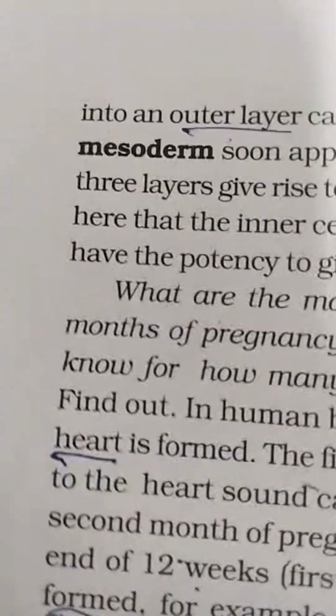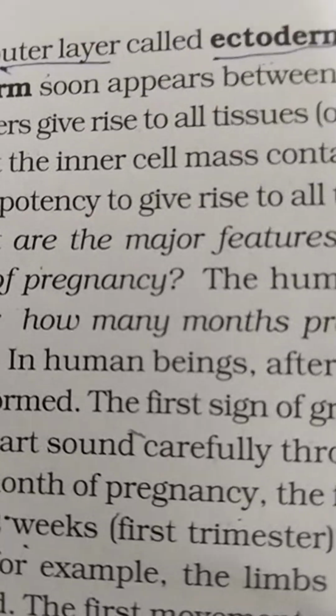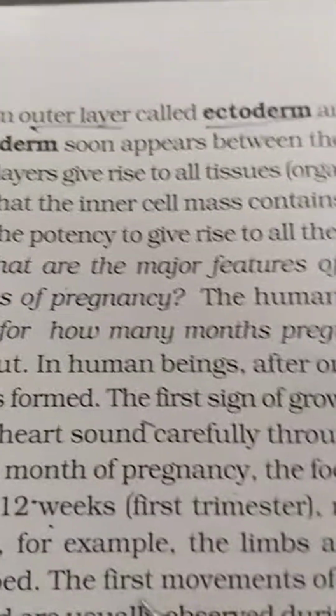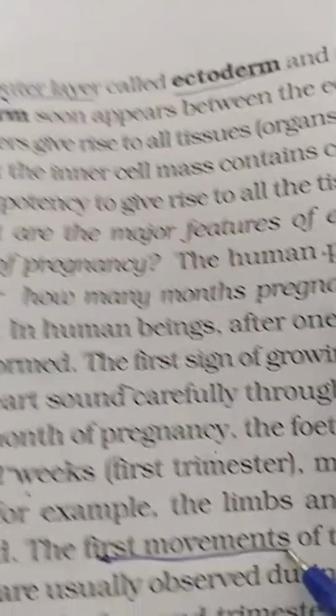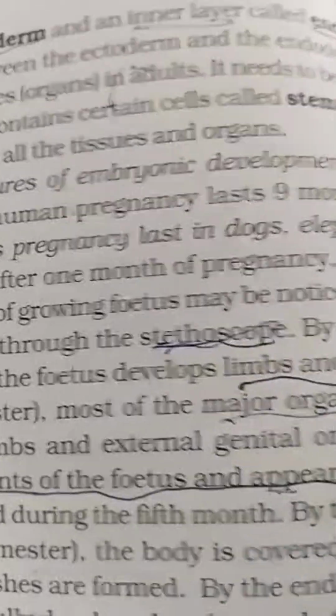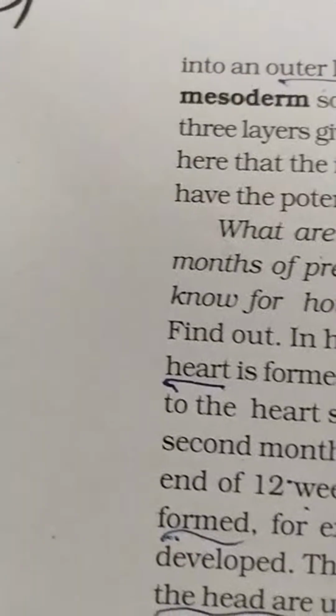The first movement of the fetus and appearance of hair on the head are usually observed during the 5th month.